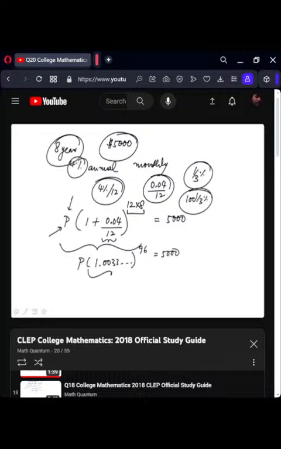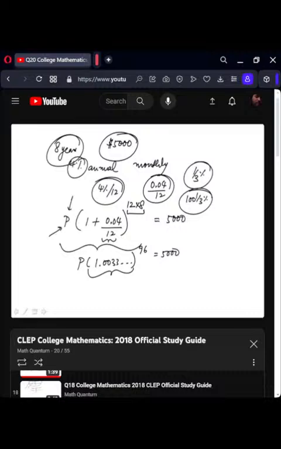Use the calculator to compute that. Let me actually do it here. So 0.04 divided by 12 plus 1, so it's 1.00333 to the power of 96.